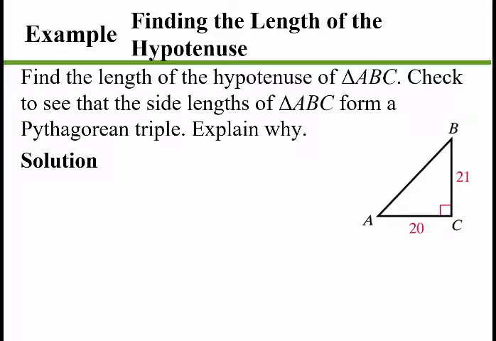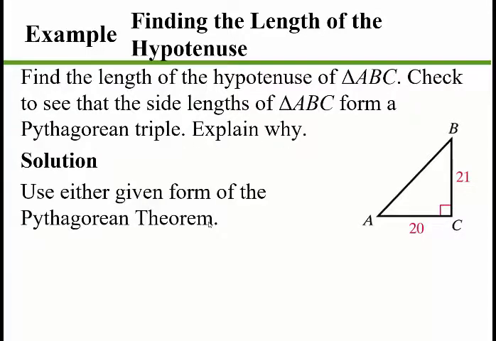All right, let's do an example. Let's say find the length of the hypotenuse of this triangle ABC and check to see that the side lengths of ABC form a Pythagorean triple and explain why. Use either given form of the Pythagorean theorem.